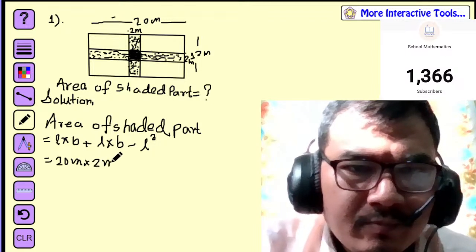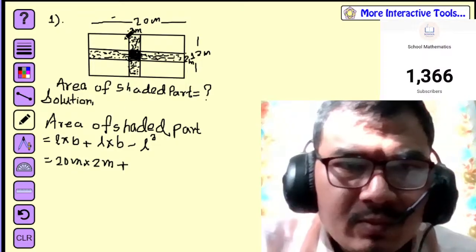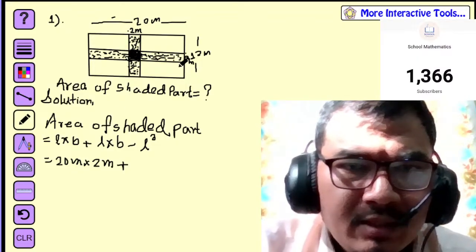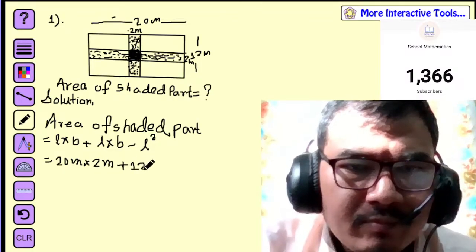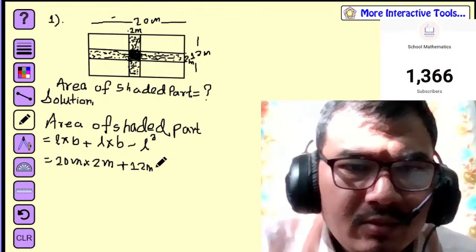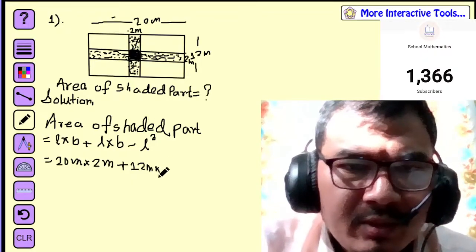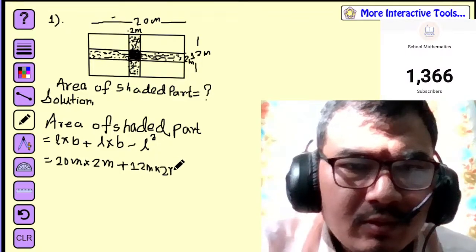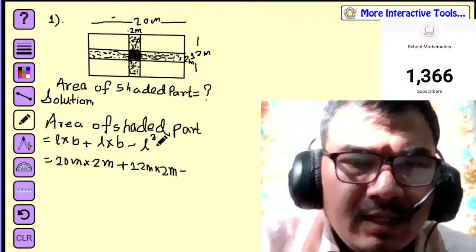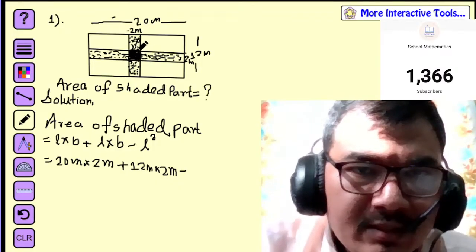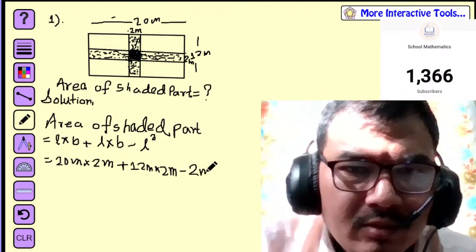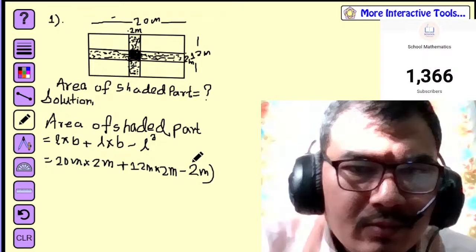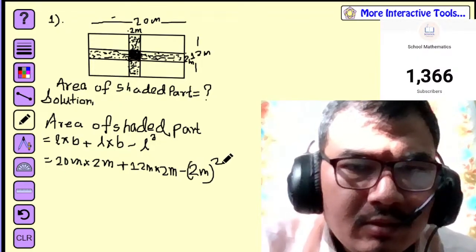And for the next path along this breadth, the length is 12 meter, into the breadth of this path, 2 meter, and minus this middle dark part, which is repeated, so we subtract it once, that is 2 meter whole square. Like this you have to do.